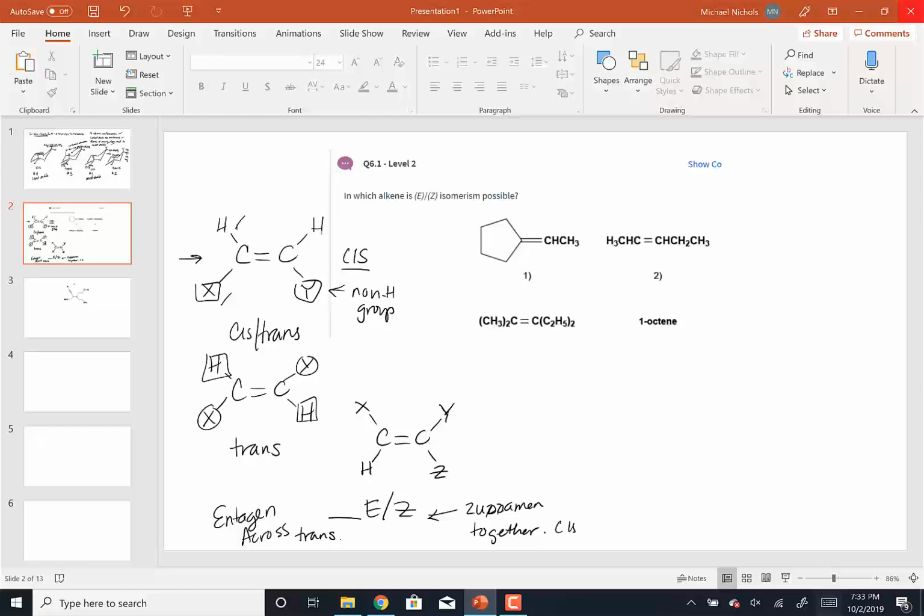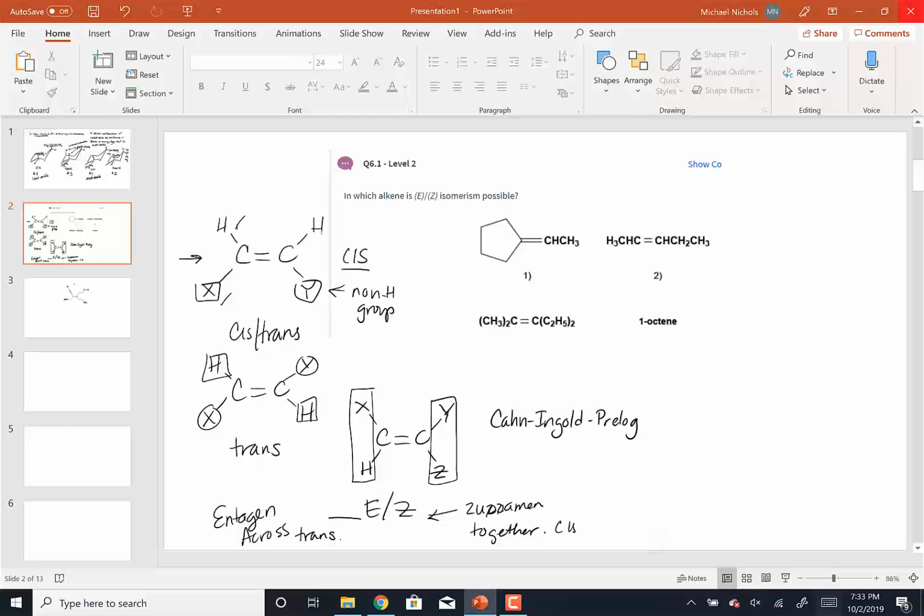And then they farmed out the project to Cahn, Ingold, and Prelog to come up with a system to compare these two groups and give one a high priority and the other a lower priority, and do the same thing here.